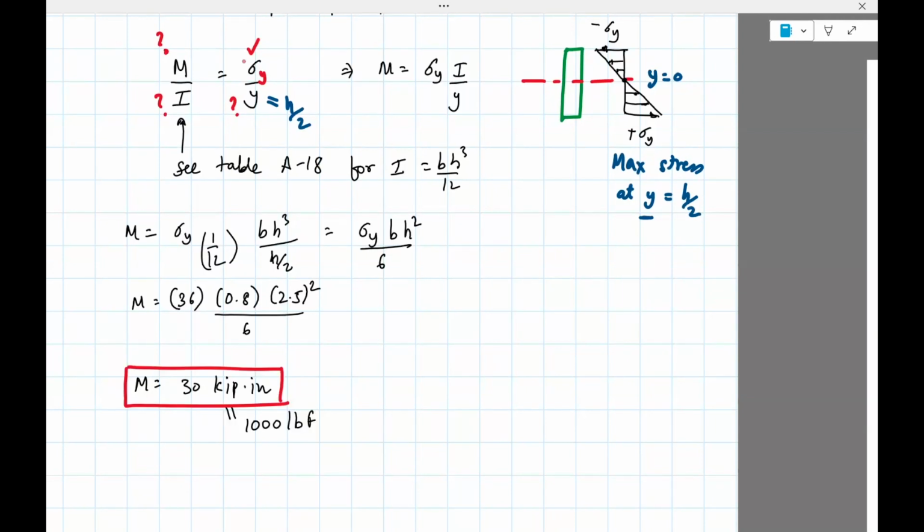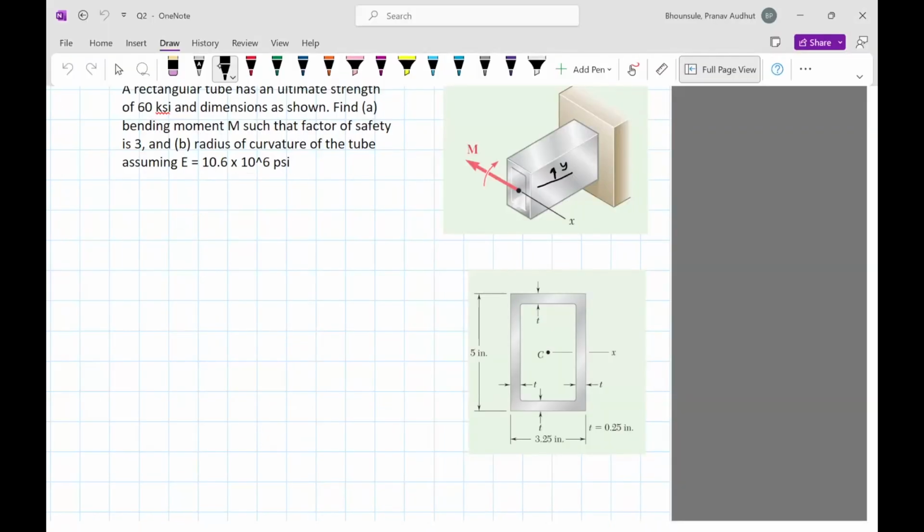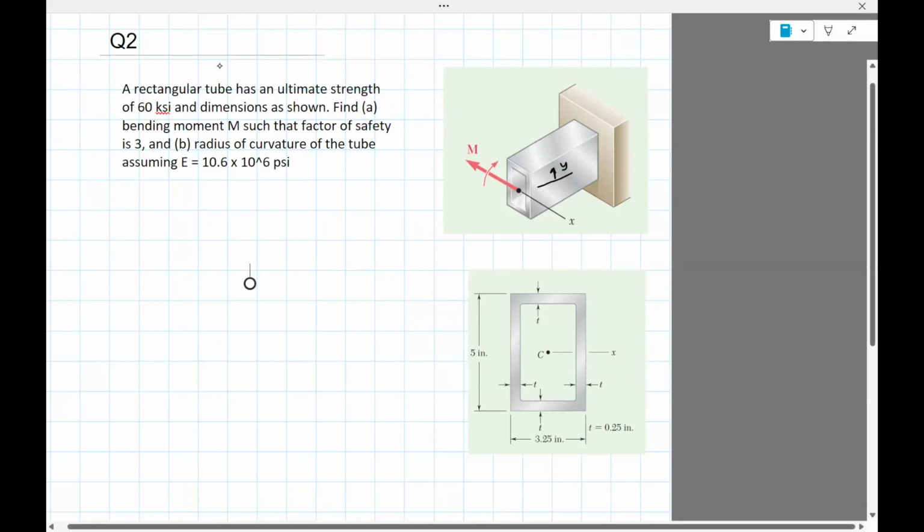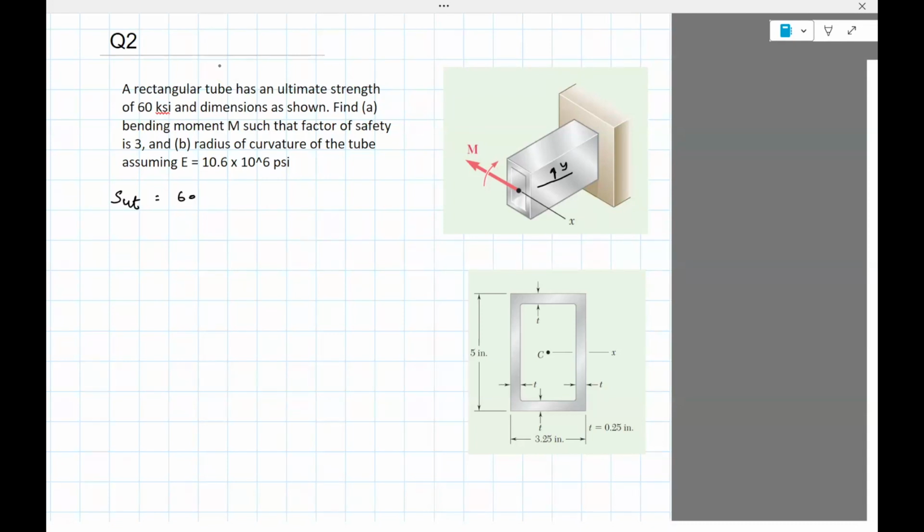Let's do sort of warmed up. Let's do a slightly more involved problem. So what's given is the ultimate strength, 60 KSI, and the factor of safety is 3.